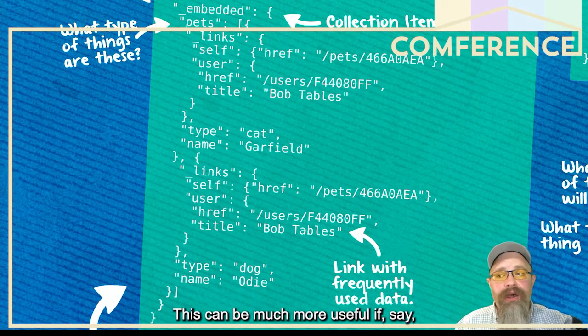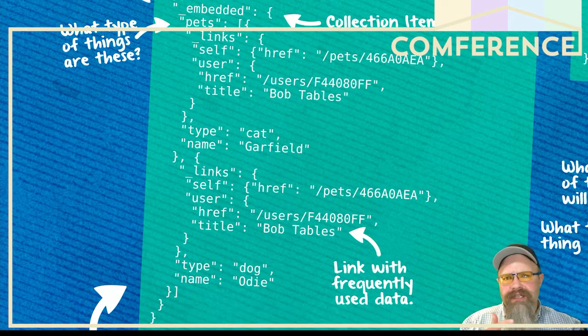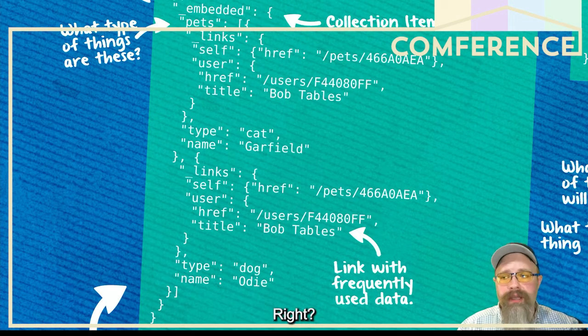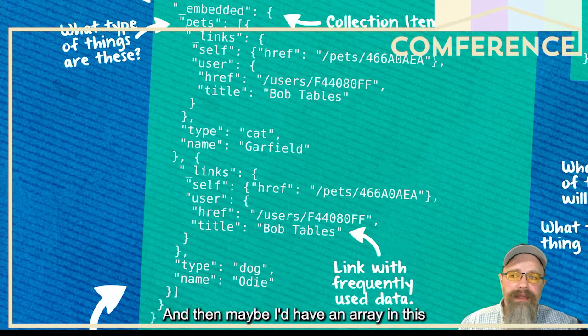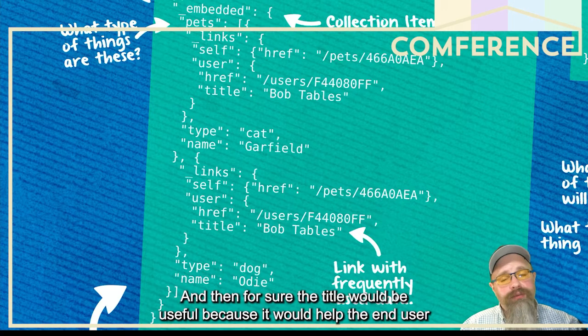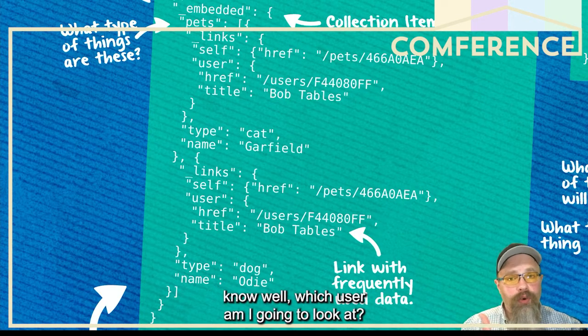And this can be much more useful if, say, for some reason a pet could be owned by multiple owners, right? And then maybe I'd have an array in this link, and user would no longer be singular, but it would be an array. And then for sure the title would be useful because it would help the end user know, well, which user am I going to look at?